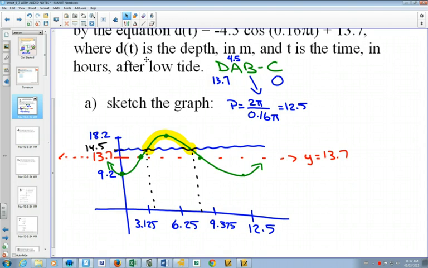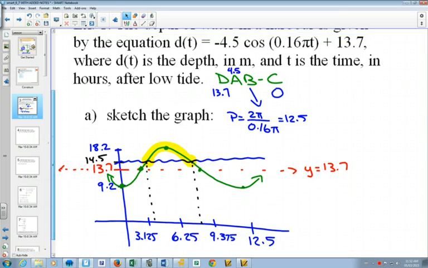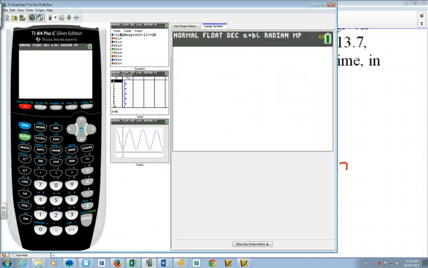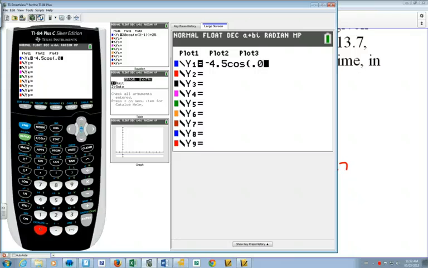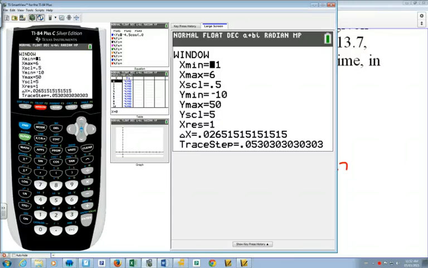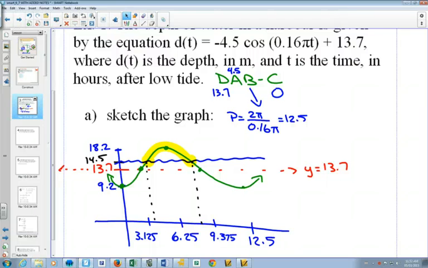So we're going to go to our calculator, type in the equation, negative 4.5 cos 0.16 pi x plus 13.7. We're going to go to our window, and for our graph here, along my x-axis, I go up to 12.5.